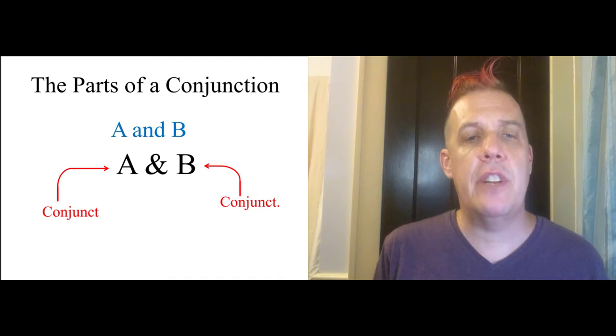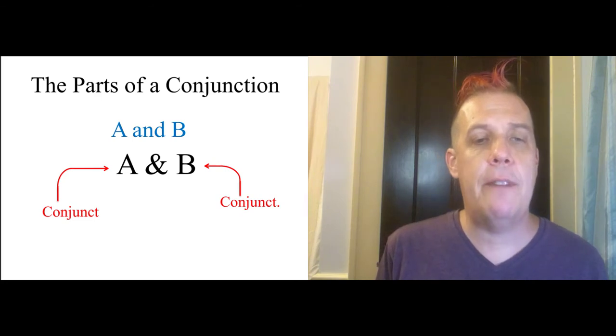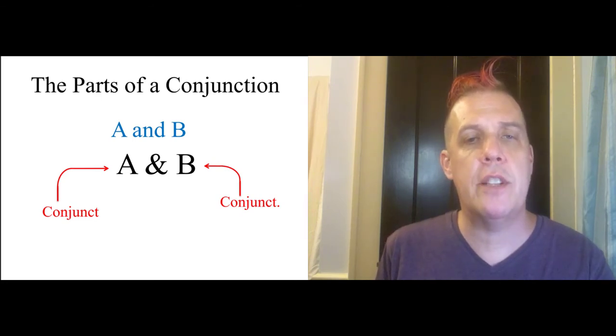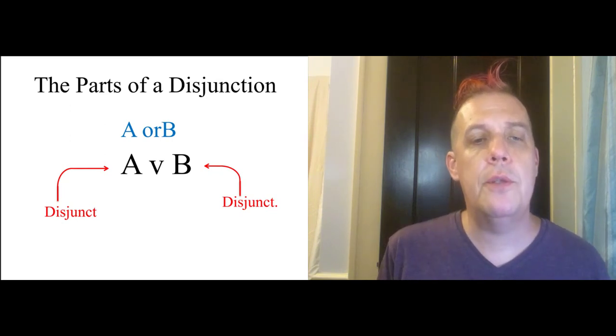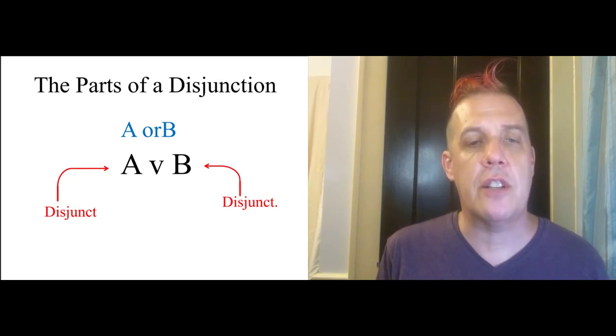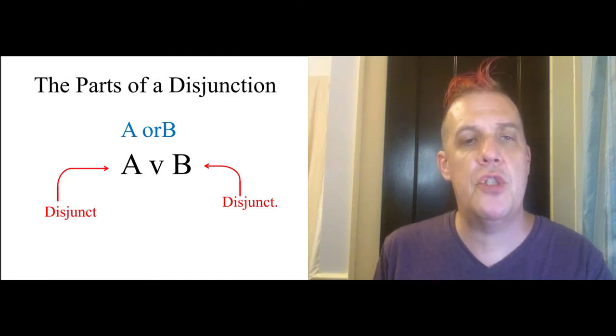The 2 sides of an and statement are called conjuncts. A and B. A is the left conjunct, B is the right conjunct. With the or, the 2 sides are called disjuncts. A or B, A is the left disjunct, B is the right disjunct.